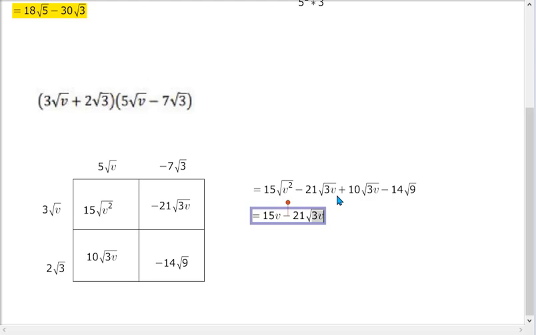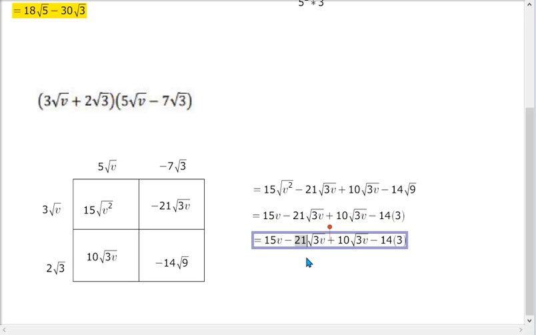We cannot simplify 3b because we only have 3, and 3 is divisible just by 3. Plus 10 square root 3b. And finally, we're going to have negative 14, and remember, the square root of 9 is 3. Then what you have to do is to simplify the like terms.